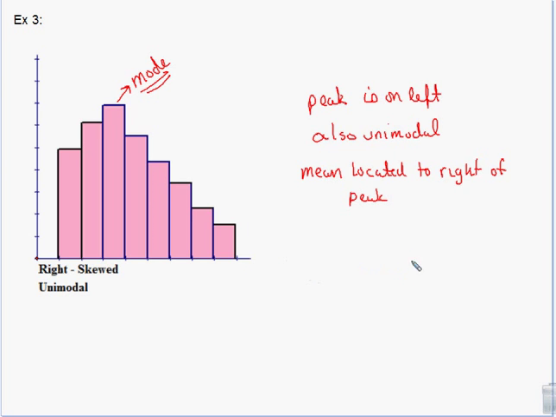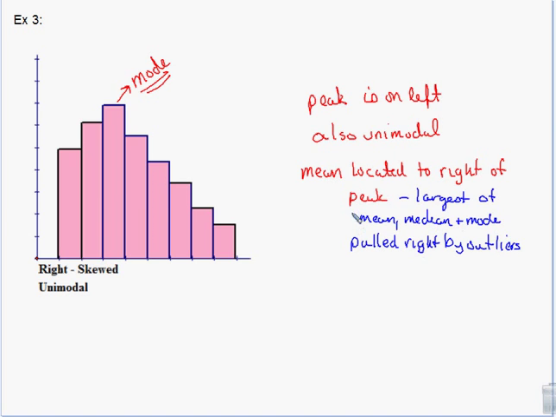So the mean is the largest value of the mean, median, and mode. The mean is going to be largest in a right skewed unimodal thing, and it is being pulled right by outliers.